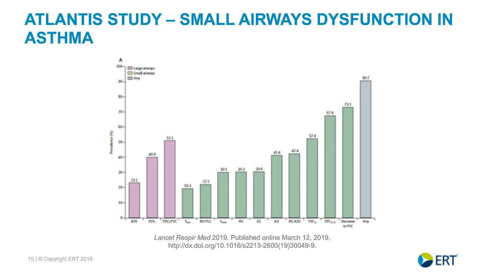And you can see it's colour-coded in terms of large and small airways. And if you focus on the small airways in green, you can see that measuring the reactance area as AX, or measuring R5, R20, you're getting a prevalence of around 40% in terms of abnormal values for these measures.